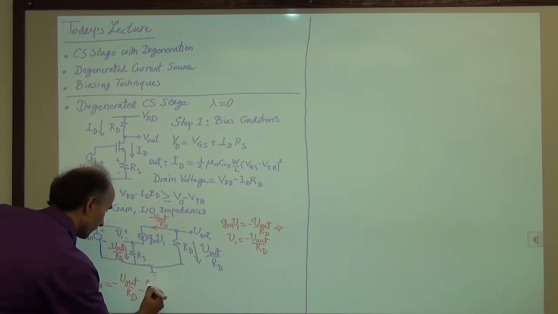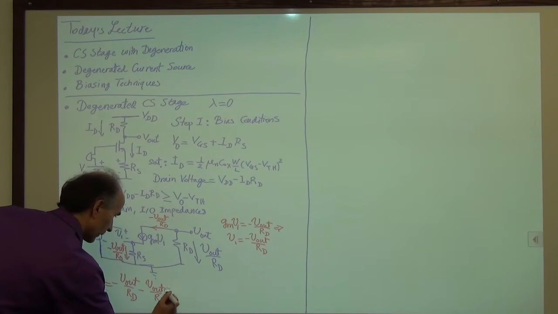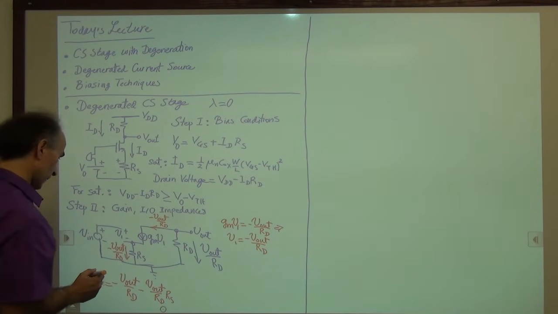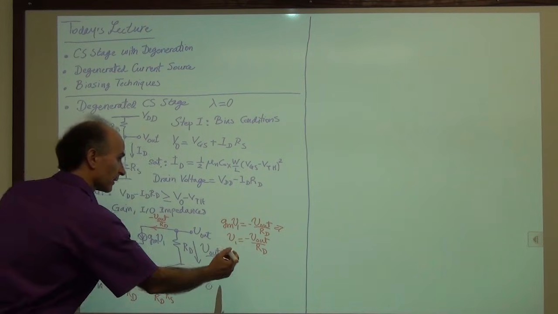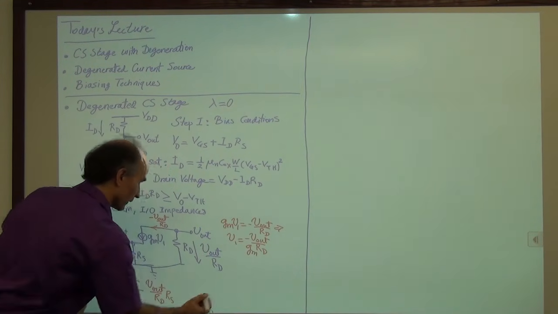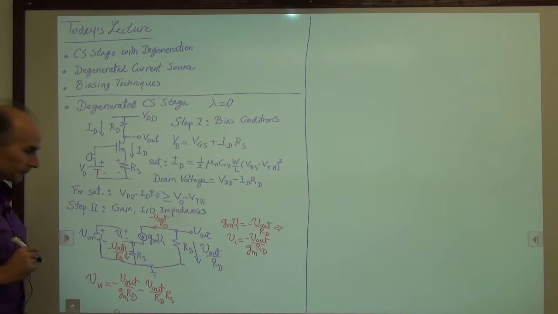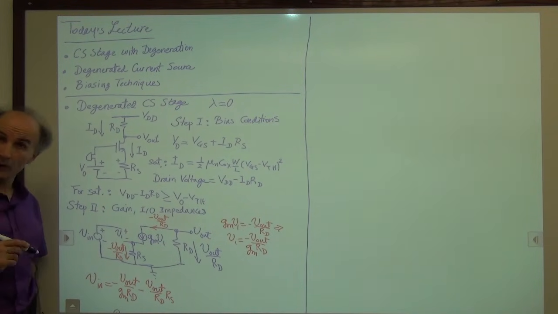So minus V out over RD times RS. Okay, am I missing something here? Yes, so V1 is minus V out over GMRD. So this should be GMRD. Okay, so we're almost there.